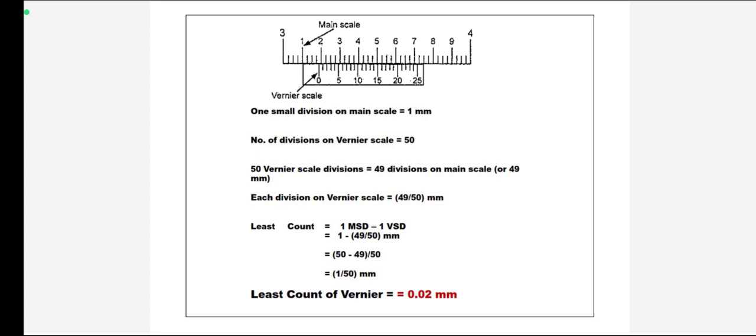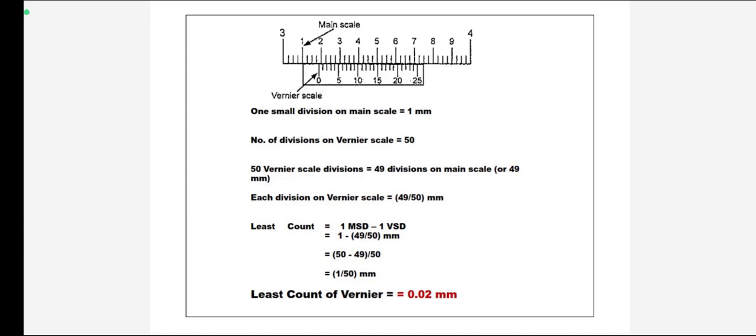The least count of the vernier caliper is 0.02 mm. To find the least count, first take the main scale reading: one small division on the main scale is 1 mm, and the number of divisions on the vernier scale is 50.